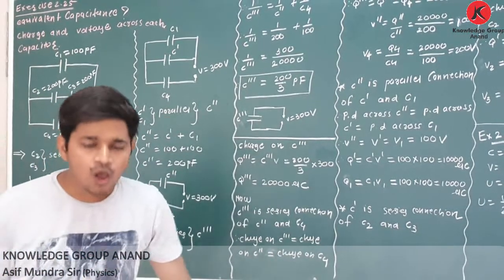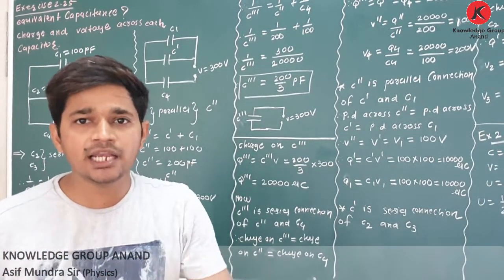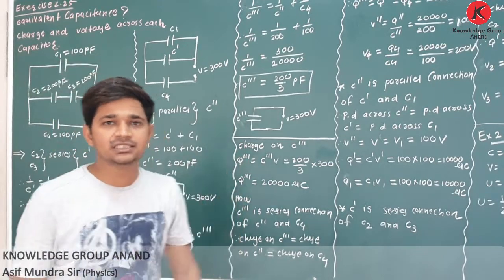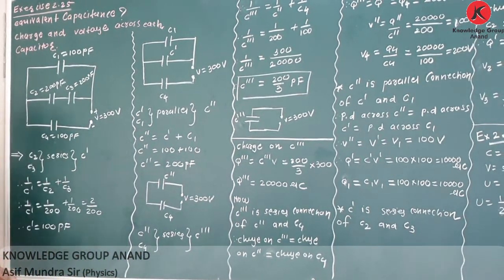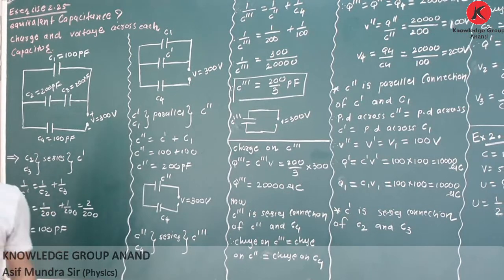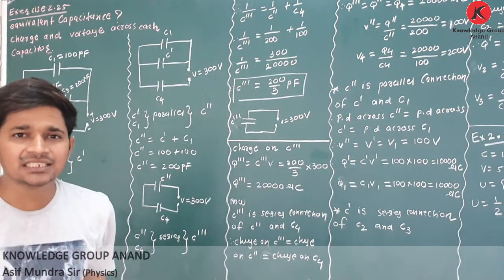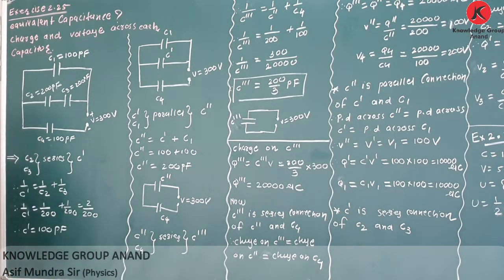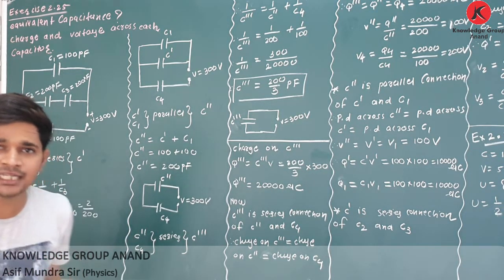See again, first of all you have to identify which capacitors are in which connection. Try and start from the easiest one. You are given this figure. From this figure, first of all we can easily say, as it is only one path, these 2 capacitors are in series connection.